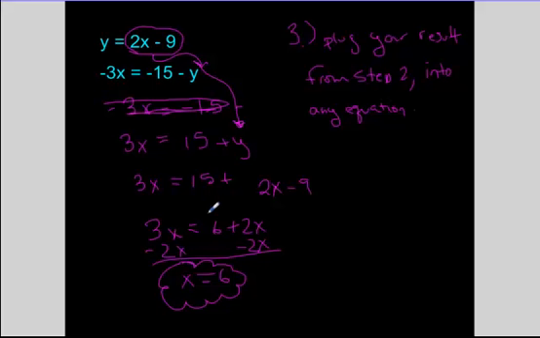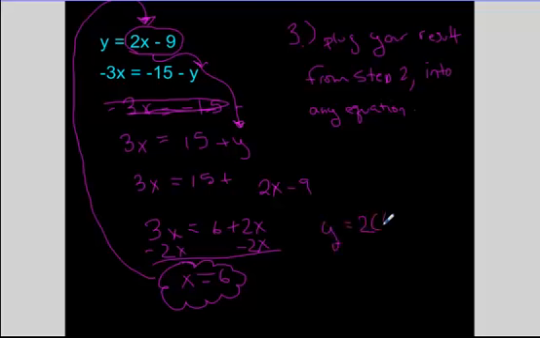So I'm going to plug it in the simplest spot, which is probably going to be here, because that's already solved for y. So I'm going to get y equals 2 times 6 minus 9. That's 12 minus 9. That's 3. So I now have the other part of my answer.